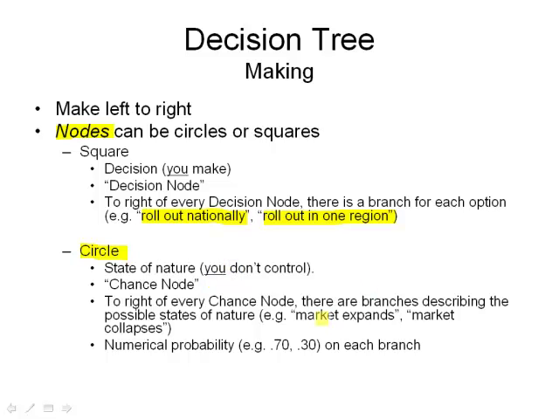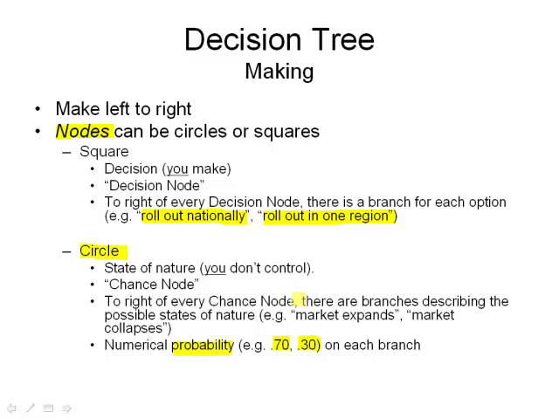For example, the market expands, the market collapses, I get injured, I don't get injured. We don't know whether those are going to happen in the future or not. Those are subject to probabilities, and we indicate the probabilities on the branches that are associated with the nodes. This will make a lot more sense if we begin to look at an example.